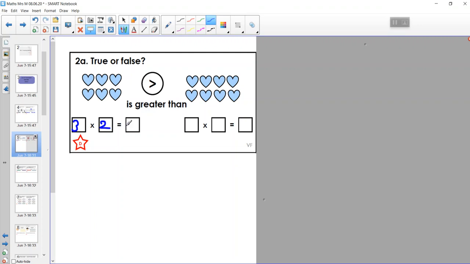So 3 times 2 is 6. And here I've got 4 2 times. 4 times 2 is 8. And it's saying that this side is greater than this side. So in fact, it is false, isn't it?